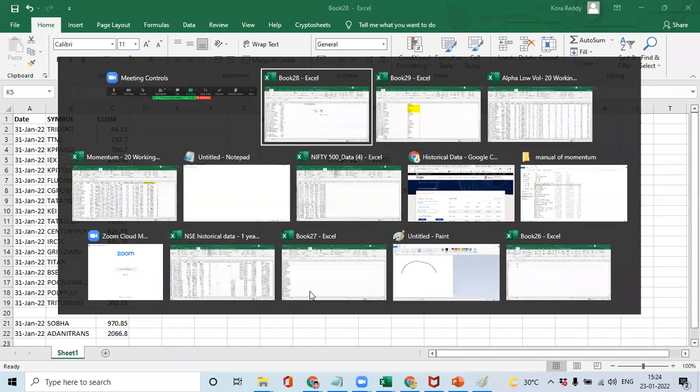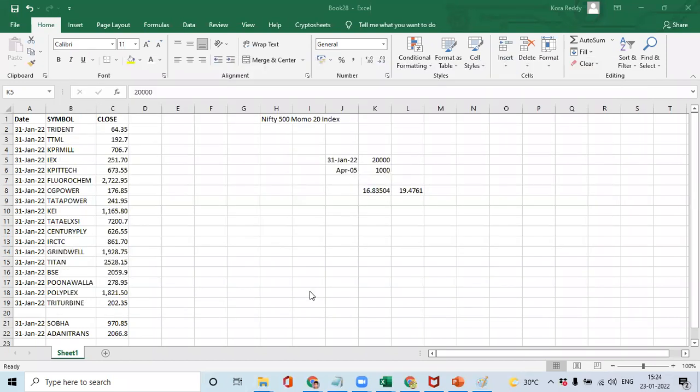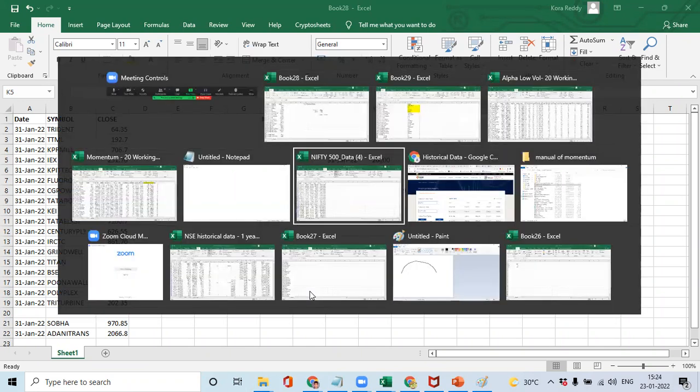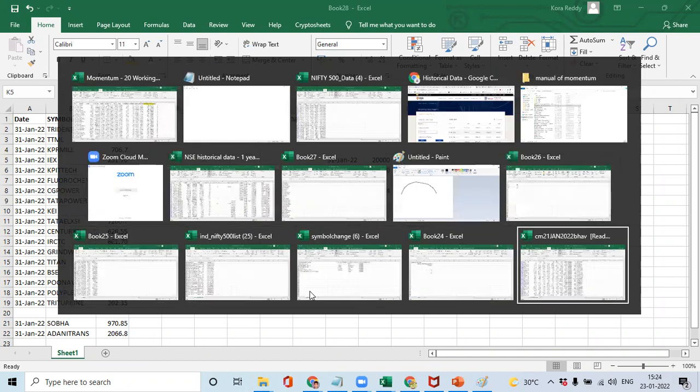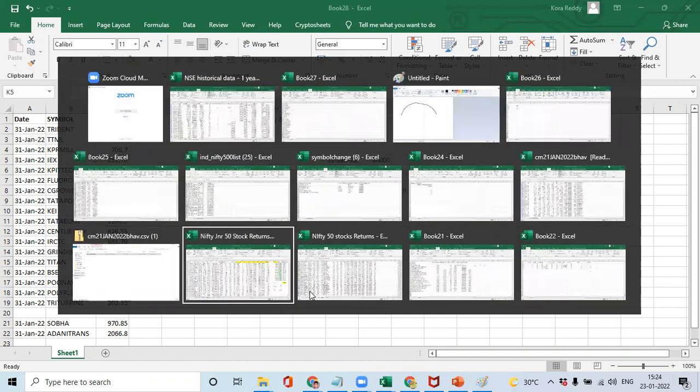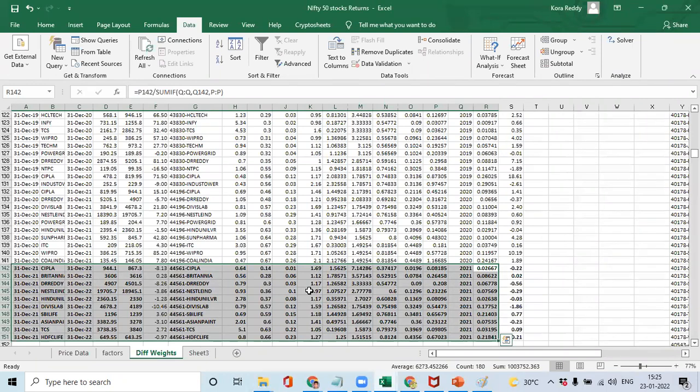And in the indexes, this is like equal weightage, like a momentum 30. We start with equal weighting because equal weighting is simpler. If you require some basing factor, that's why I'm saying equal weight. So this is your Nifty 50.